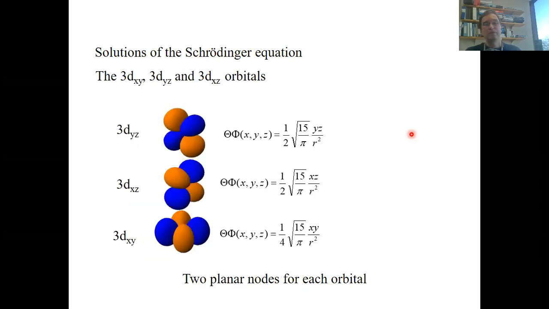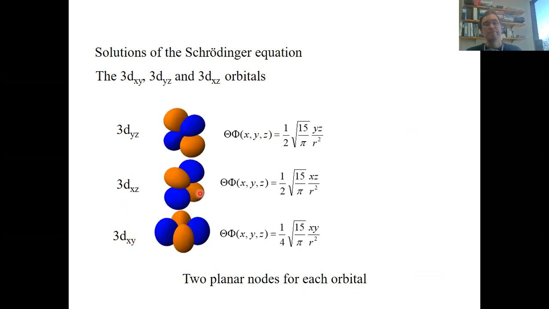Okay, now what about the three remaining d orbitals? The 3dyz, the 3dxz, and the 3dxy. The radial part of the wave function is again the same as for the other 3d orbitals, so we're not discussing it in greater detail.